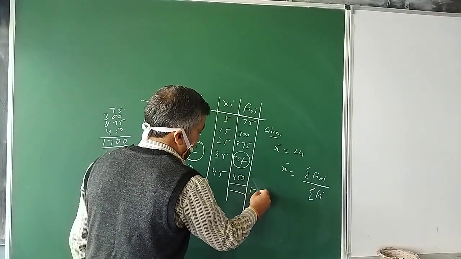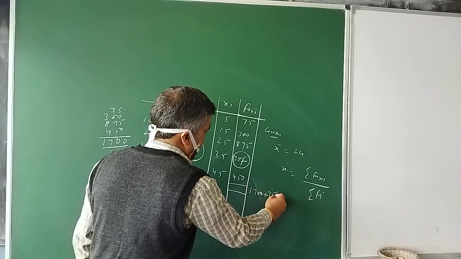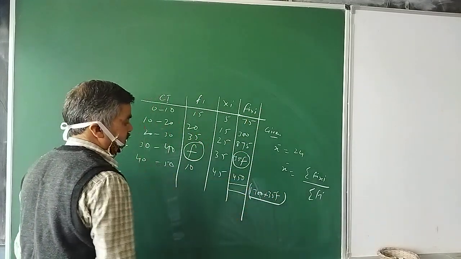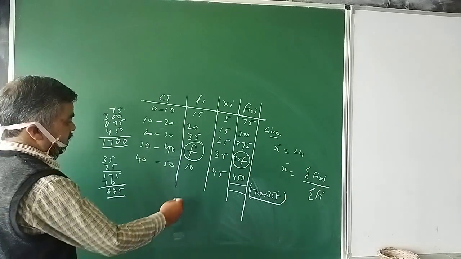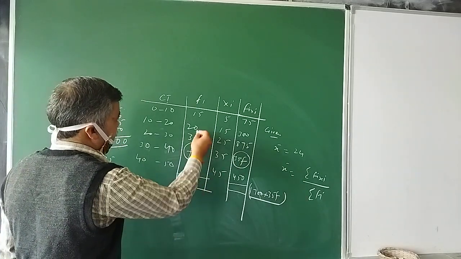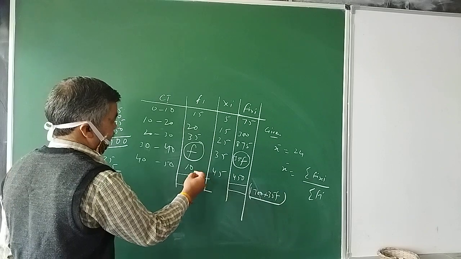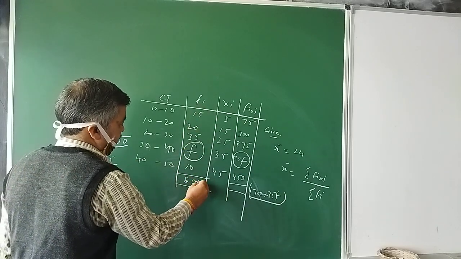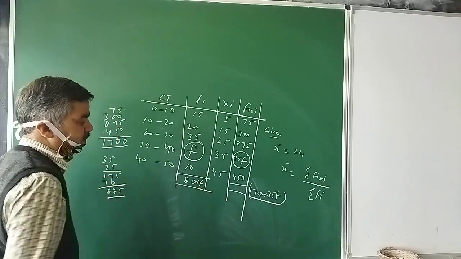So 1700 plus 35F is the sum of these products. And the sum of the frequencies, which we will be adding, is 80 plus F.